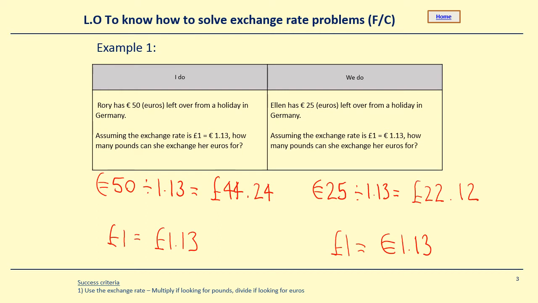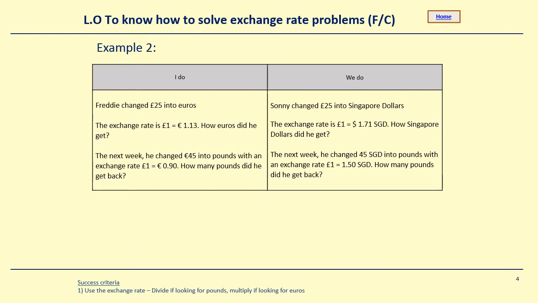Okay, let's have a look at the next one. I've actually got some success criteria which will help you in most instances as well. Use the exchange rate, multiply if looking for euros, divide if looking for pounds. That will be right 9 times out of 10. So we've got an exchange rate here, £1 equals €1.13. And we want to work out how many euros £25 would be.